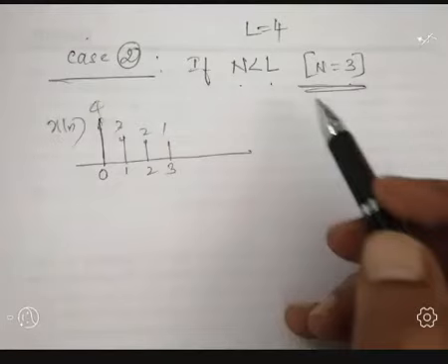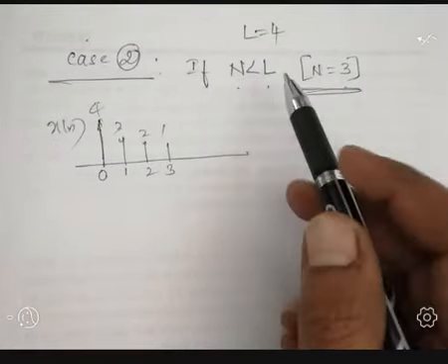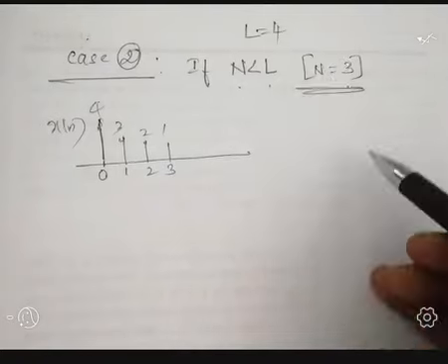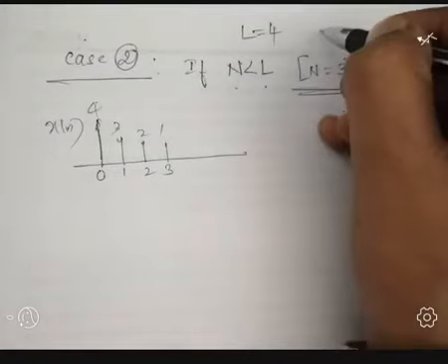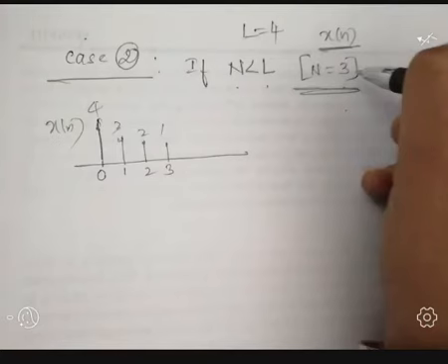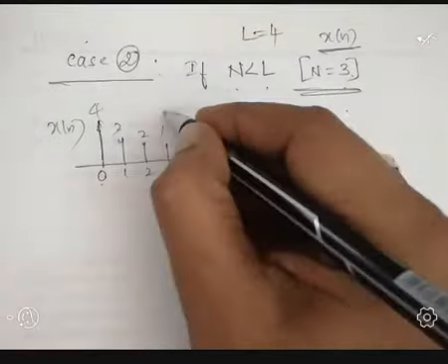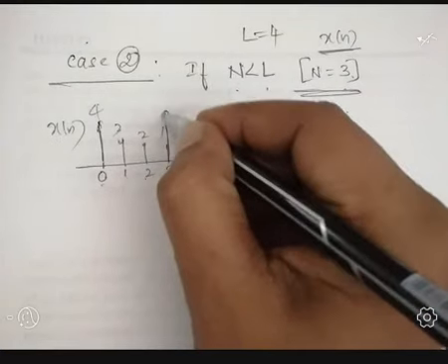As per this case, if the period length N is less than L, the sequence x of n is going to repeat itself after every 3 samples. First sample, second sample, third sample. So it will start repeating from here.